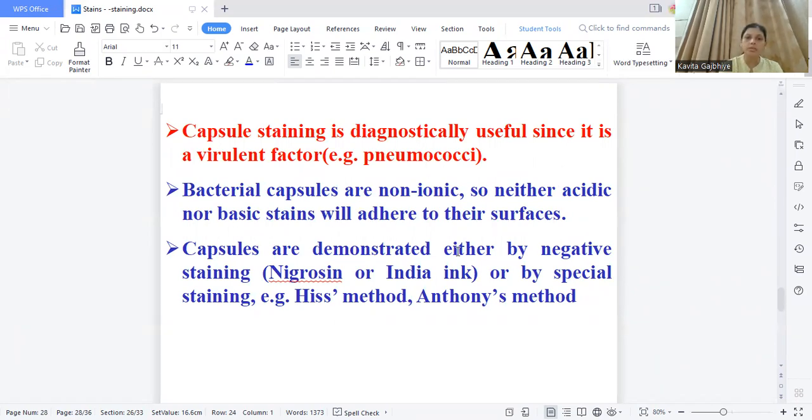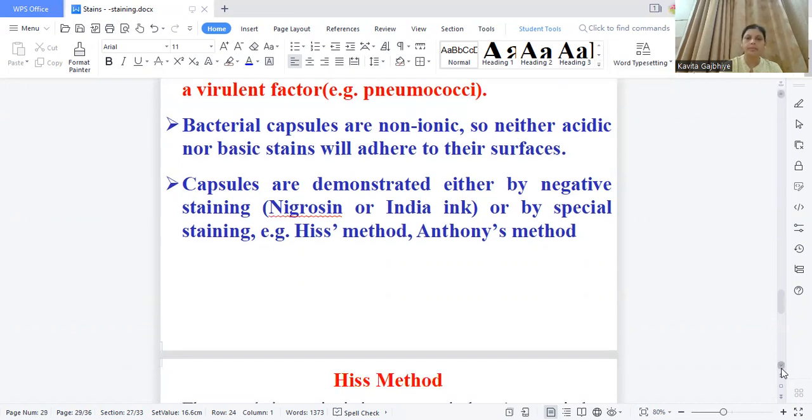Bacterial capsules are non-ionic, neither acidic nor basic in nature, and adhere to the surface. Capsules are demonstrated either by negative staining, using nigrosin or India ink as a dye, or by special staining, for example Hiss's method or Anthony's method.